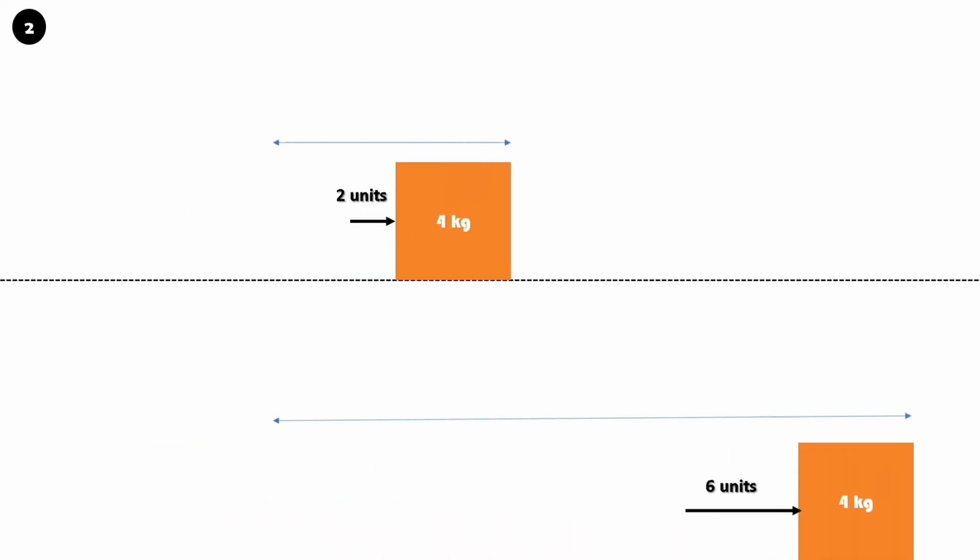Here we can observe that in the same time, the box acted on by 2 units of force has travelled a lesser distance when compared to the box acted on by 6 units. So in the first case, due to the lesser force, the box will travel with less acceleration. And in the second case, we have applied more force.